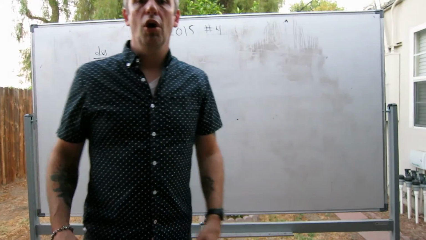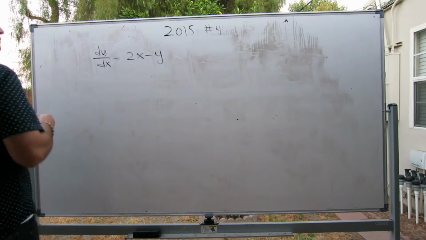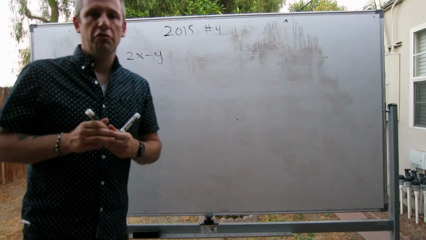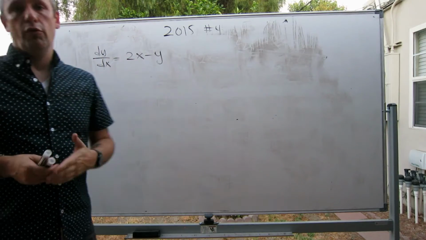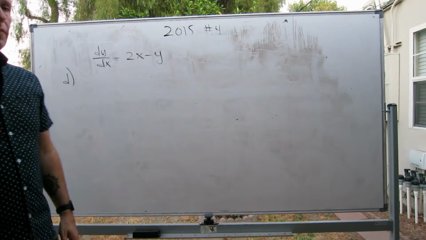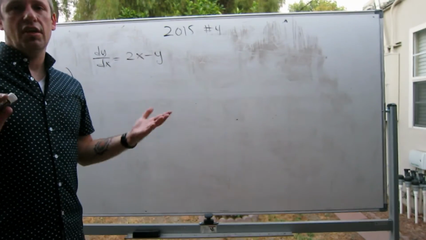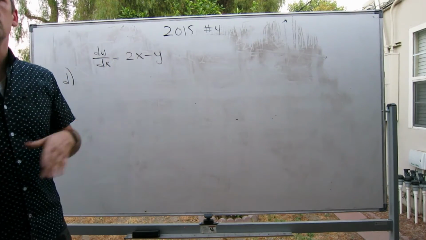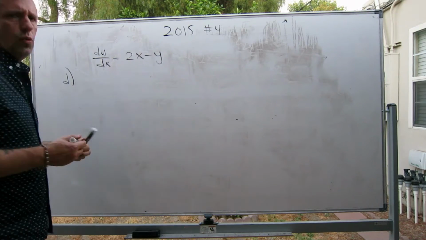We're now going to do part D, I believe we are on. Again, of the 2015 number 4, we're dealing with this differential equation that we can't solve. Part D asks the coolest question, though. It says, we can't solve this generally, but here's a question.